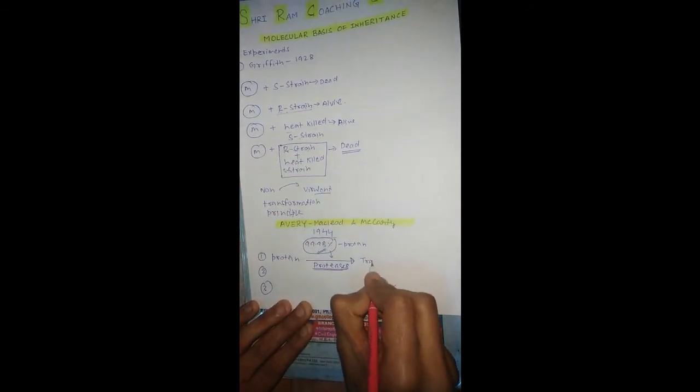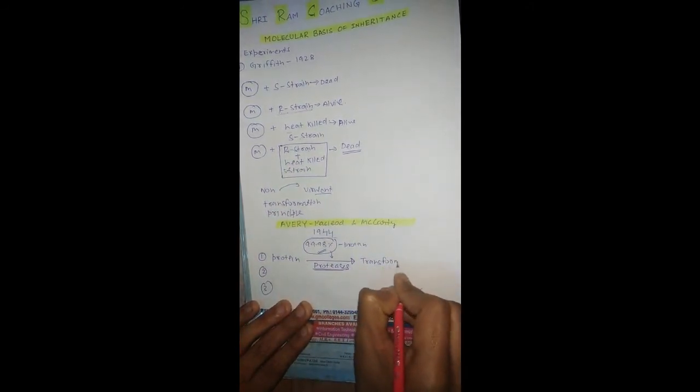Still we found that this sample can cause transformation. So protein is not the factor causing transformation, making non-virulent to virulent, because even when we use protease and the protein gets digested, the leftover portion still causes transformation. So protein is not the genetic material.